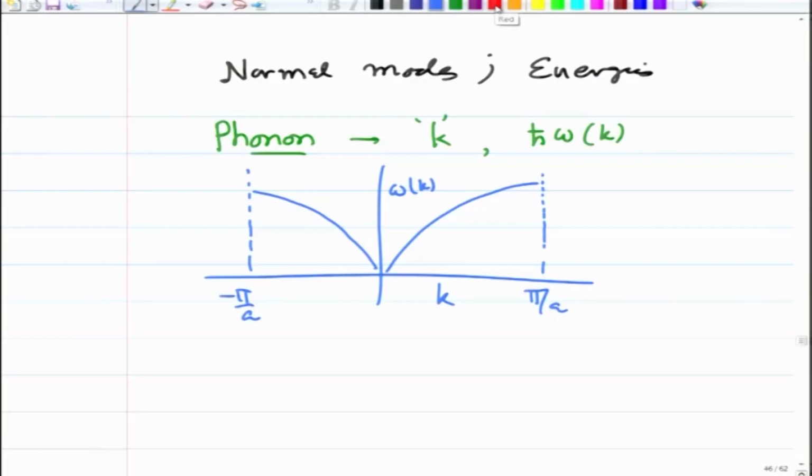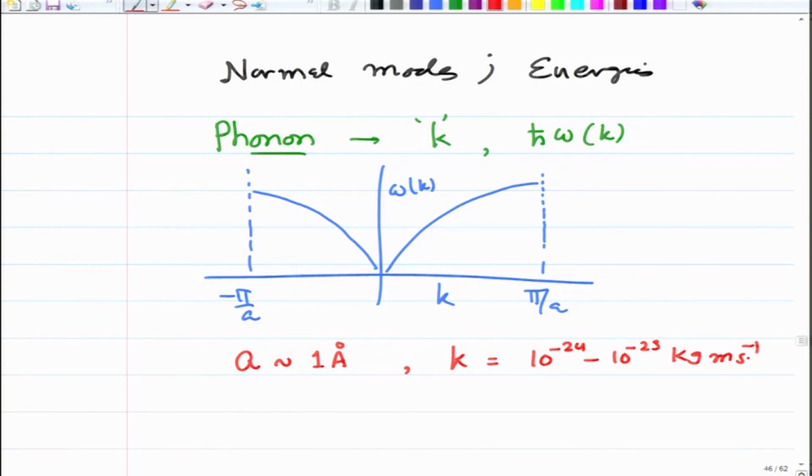For that, let us again have a look at the energies and the momenta that we are talking about. a is of the order of 1 angstrom, the corresponding ħk comes out to be 10^-24 to 10^-23 kg m/s, and the energy of a phonon, ħω_k, comes out of the order of 0 to 10 MeV.